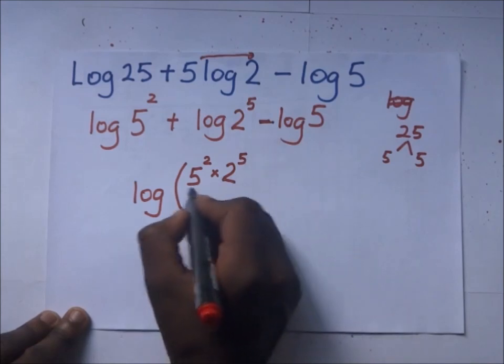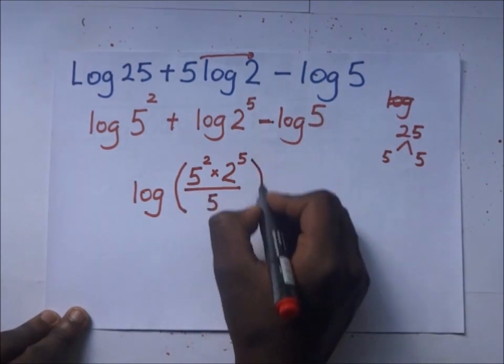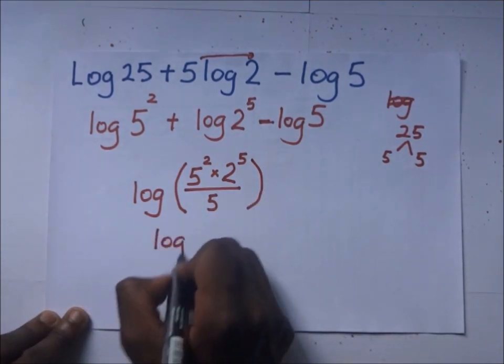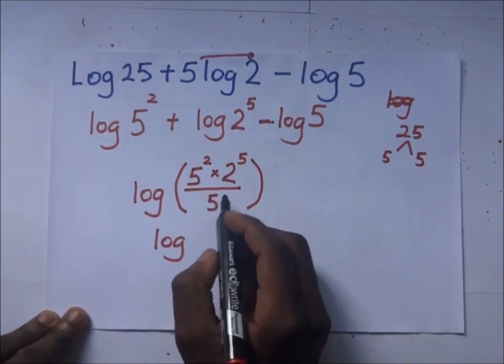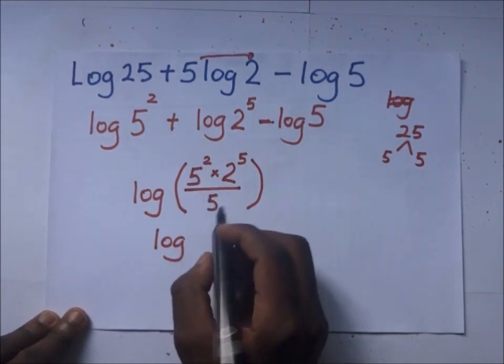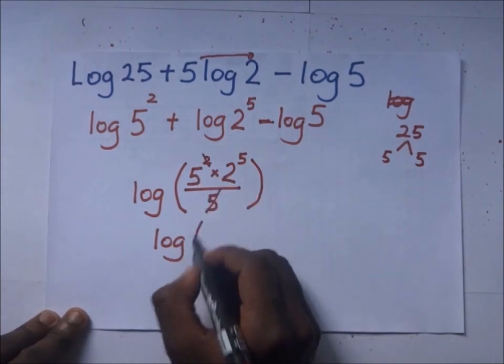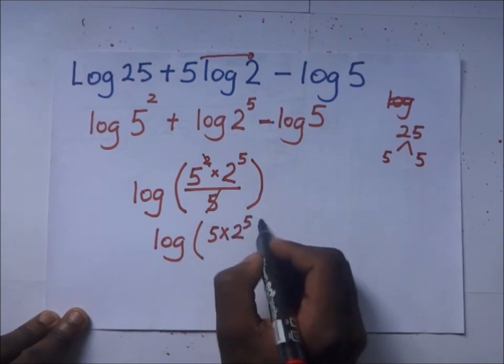Since this is minus, it means we shall divide by 5. And so definitely our answer here is going to be, our logarithm will be 5 squared. This 5 will cancel with one of those 5s. You remain with 5 times 2 to the power 5.